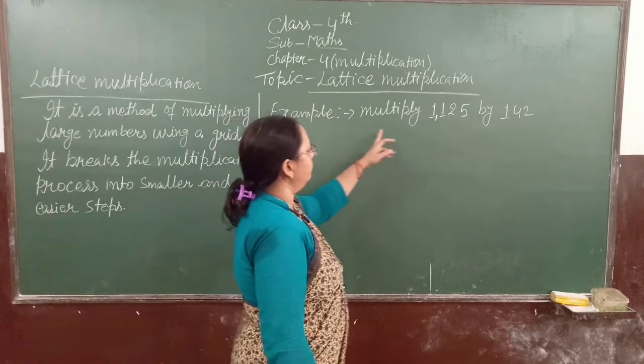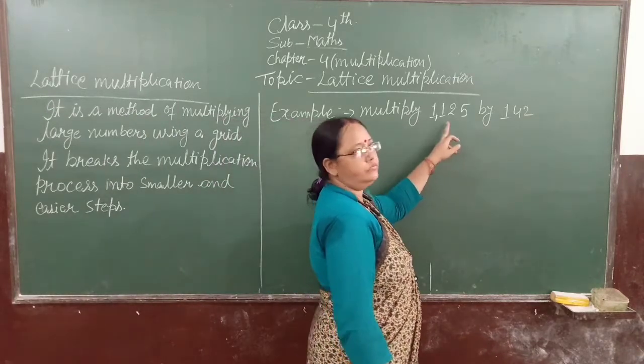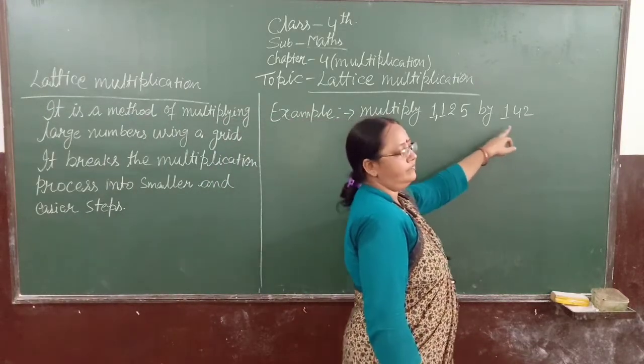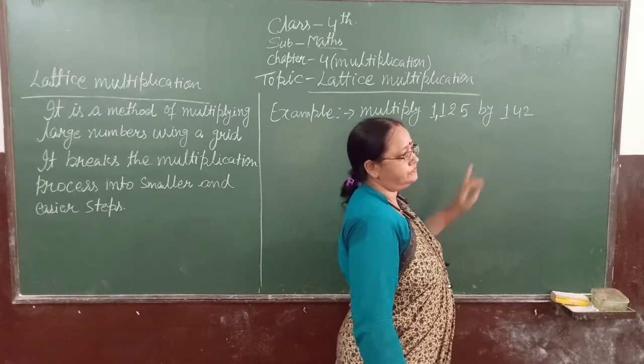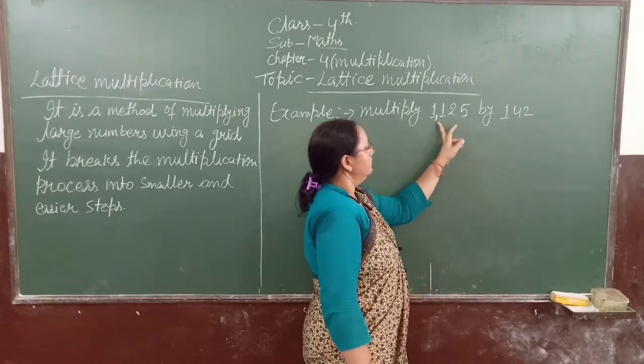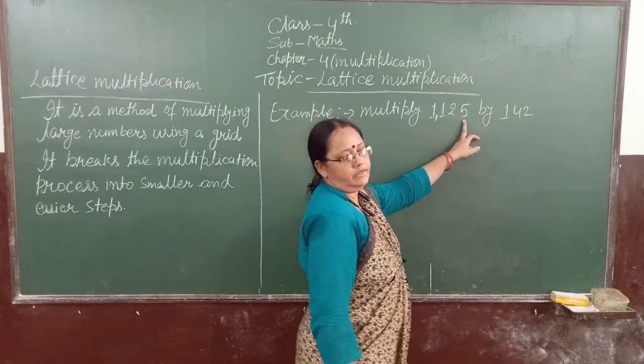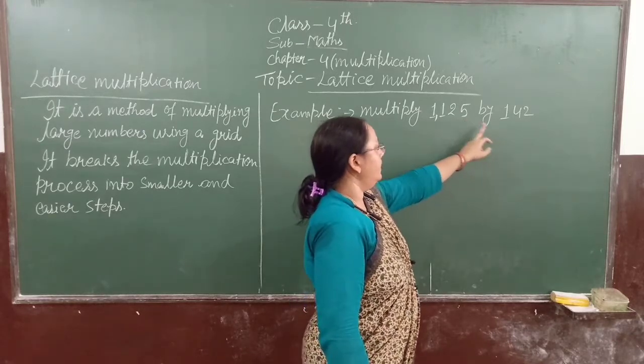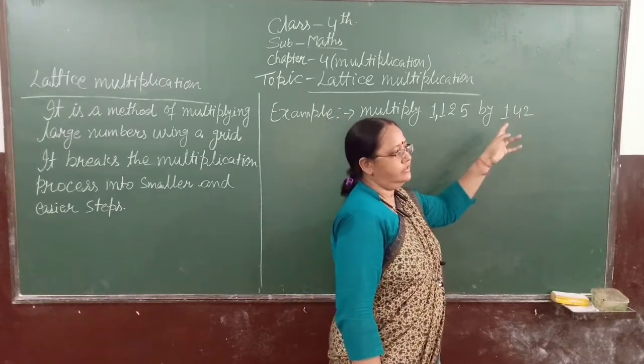In this question we have to multiply 1125 by 142. Here multiplicand is in 4 digits and multiplier is in 3 digits.